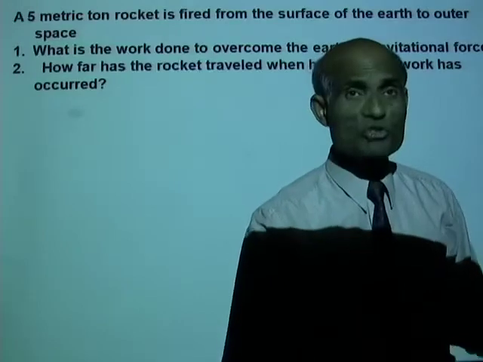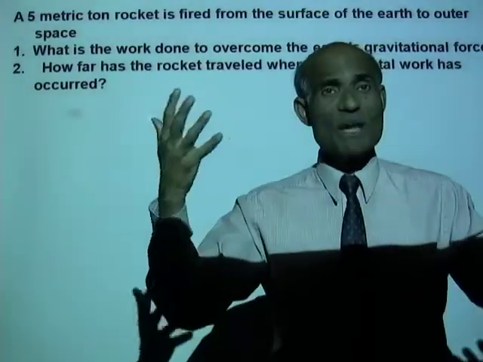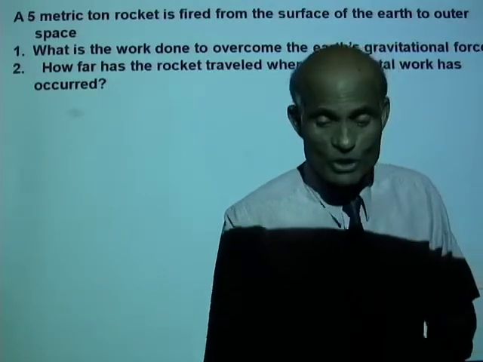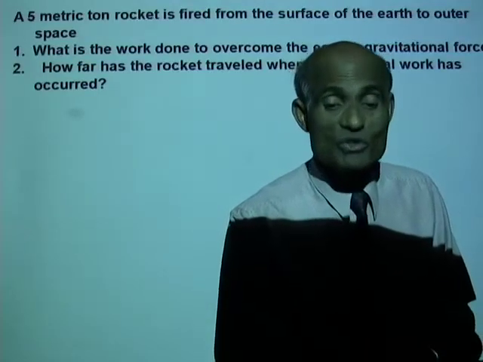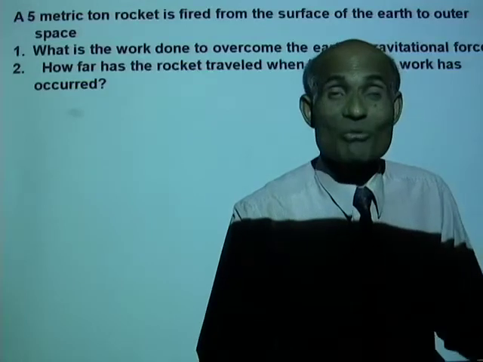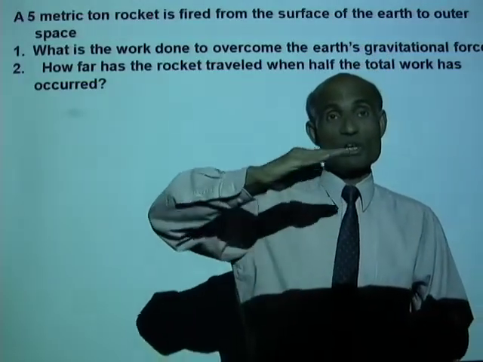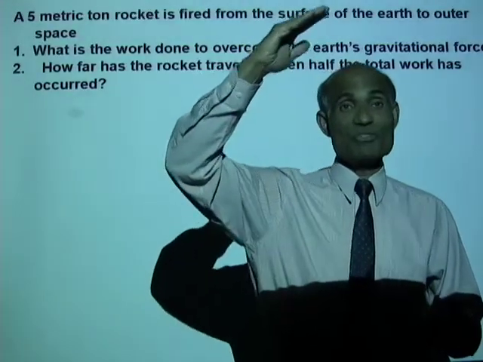Now, you must understand that this is something that we have done earlier on in Unit 1 about work done when the force does not remain a constant. As the rocket lifts off from the Earth, the force changes.